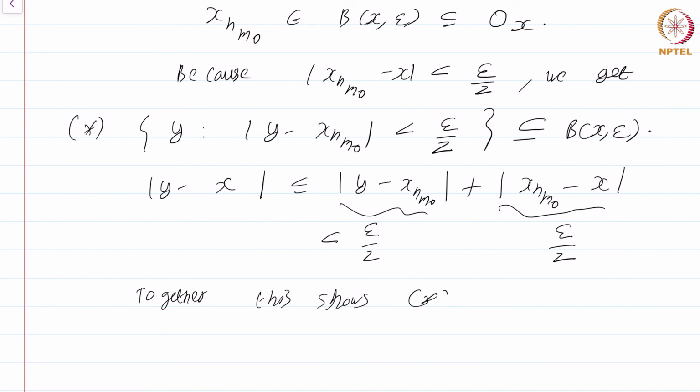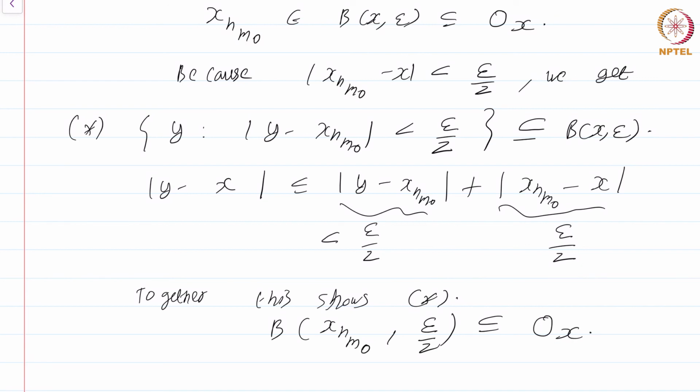Well, what's the net consequence of all this? We have got b x nm naught comma epsilon by 2 is fully contained in this element Ox.